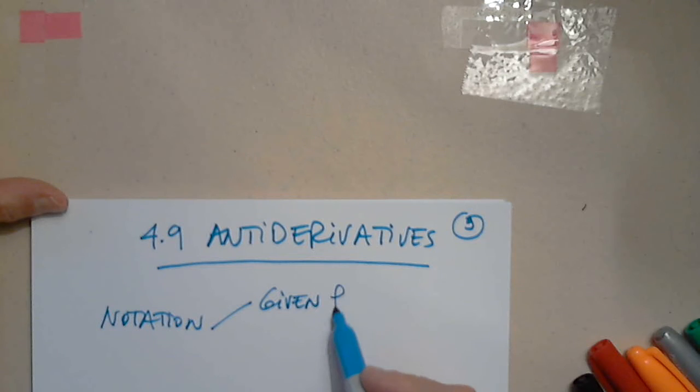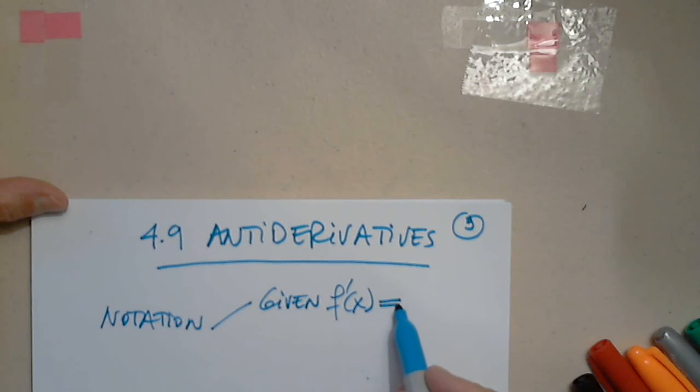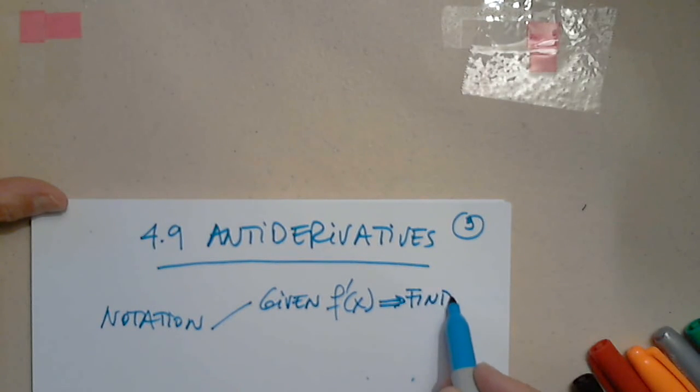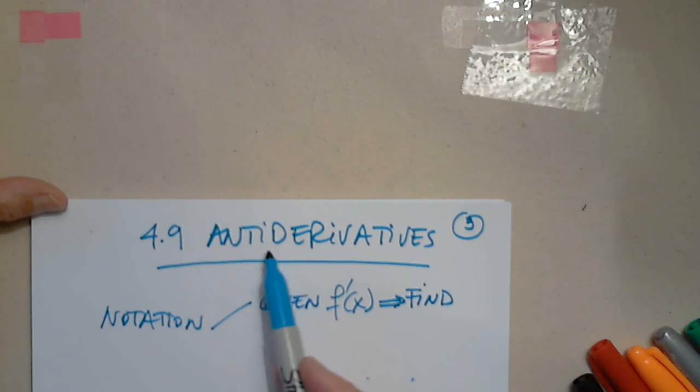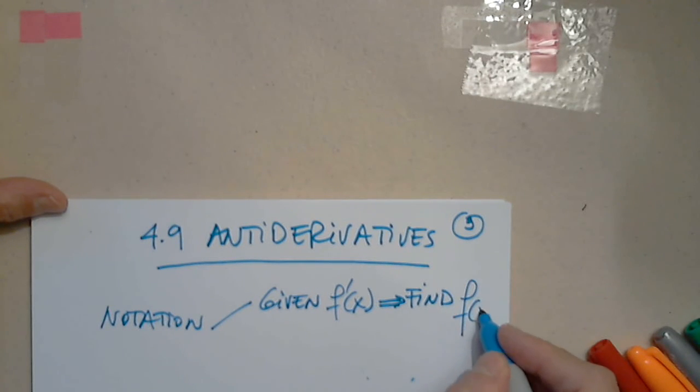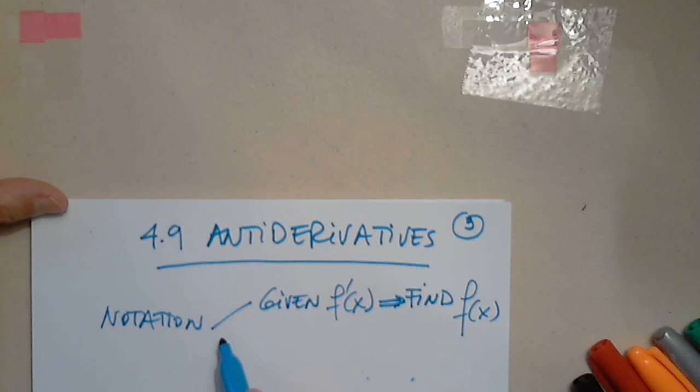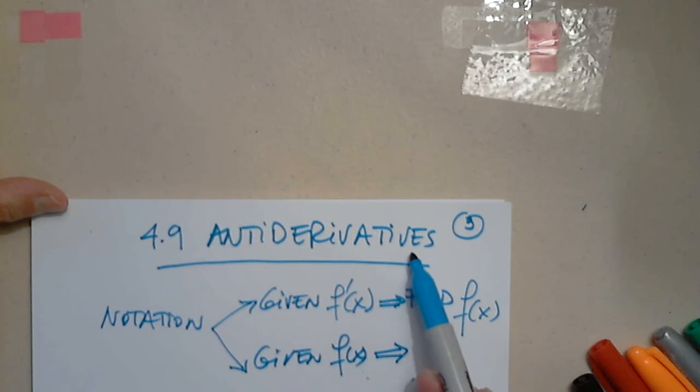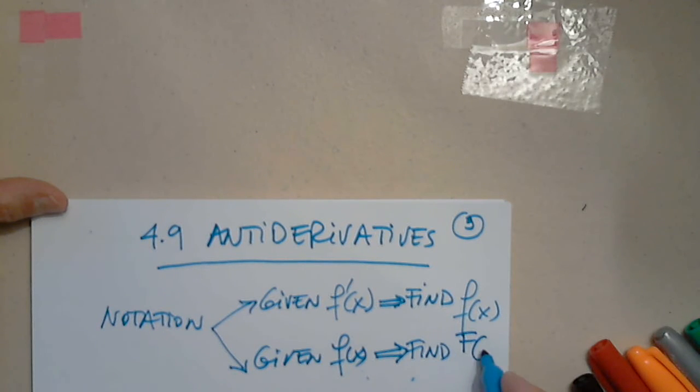So given f prime, we're asked to find the antiderivative, and we will denote it by f of x. Another possibility is we are given f of x, and we are asked to find the antiderivative, and we will denote it by uppercase F of x.